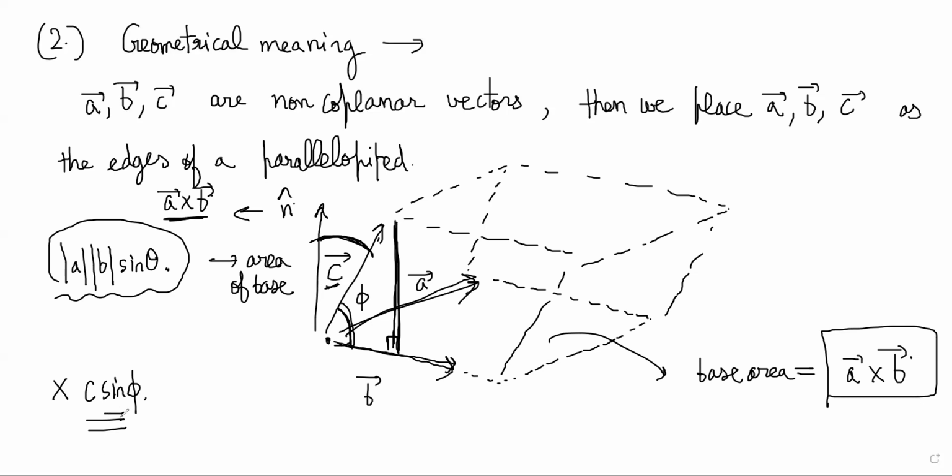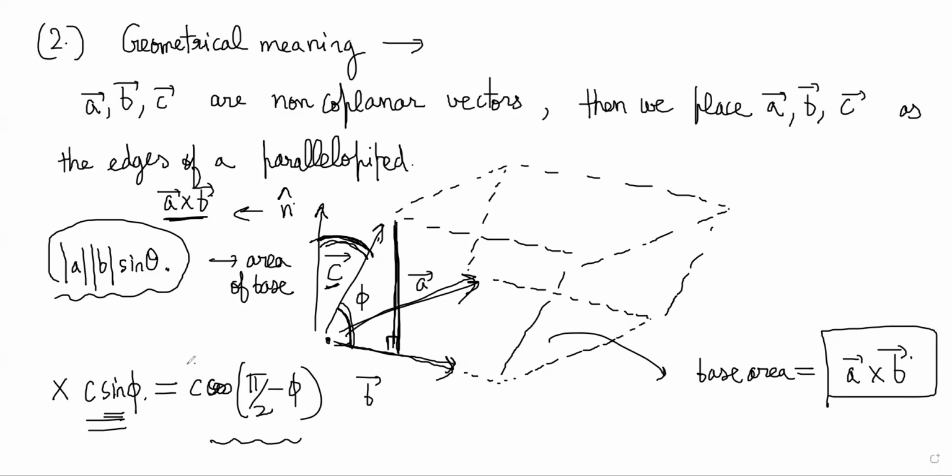So when I say sine phi, I can write it as C cos of the angle between A and B, because it is cos of pi by 2 minus phi, right? So if you think about it, cos of pi by 2 minus phi is the same as sine phi. So these two things are equal.